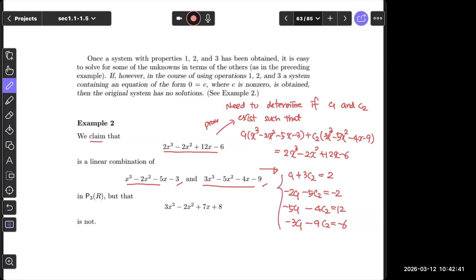Please check if this system, even though you have only two unknowns with these four equations, has a solution. Please check this yourself. It is not that difficult.